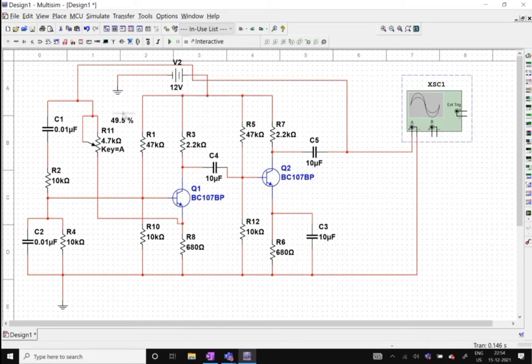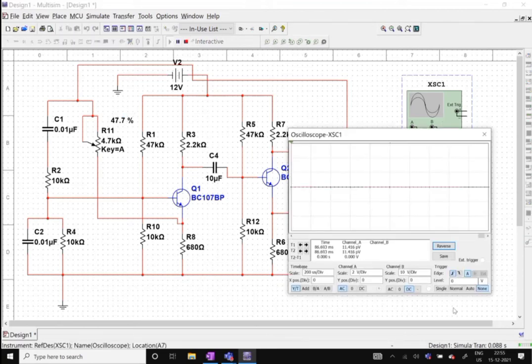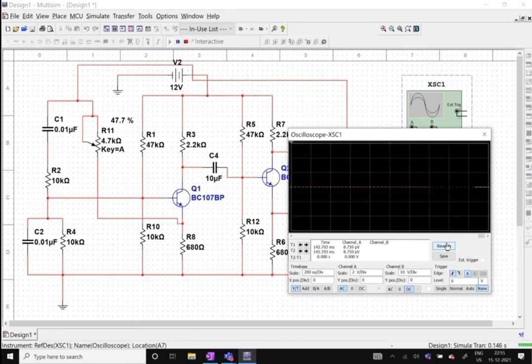The value changed to 47 point. We will not get any waveform.